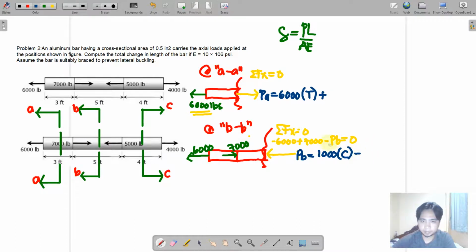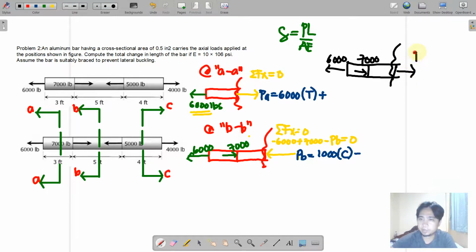So again, let me have here a scenario of section BB, the same section. Say we have here 6,000 and this is 7,000. What if we have assumed that this arrow or the resisting force, say this PB, is towards the right?